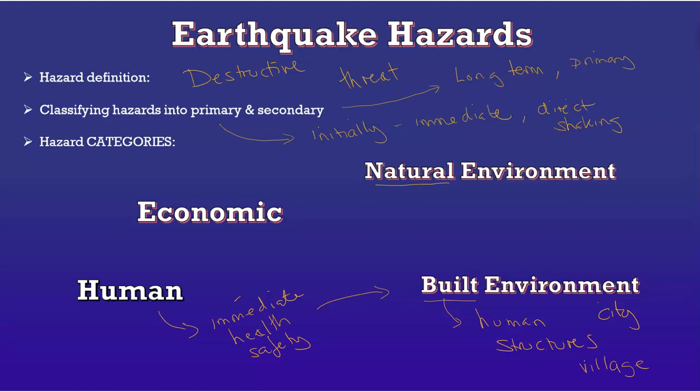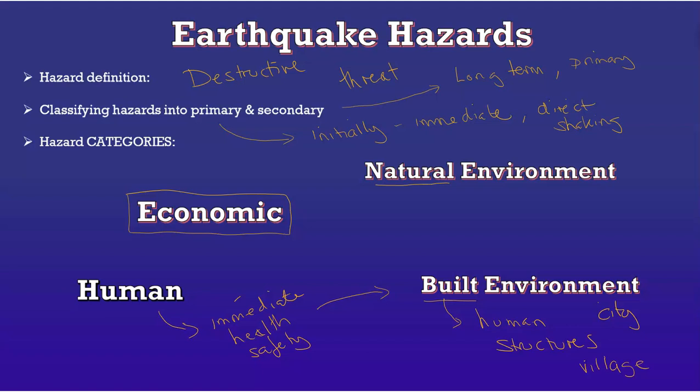Look at the economic impacts. There can also be long-term effects to the local area's industry, financial sector, businesses, poverty rates, unemployment, and all these things can be looked at in separate categories.